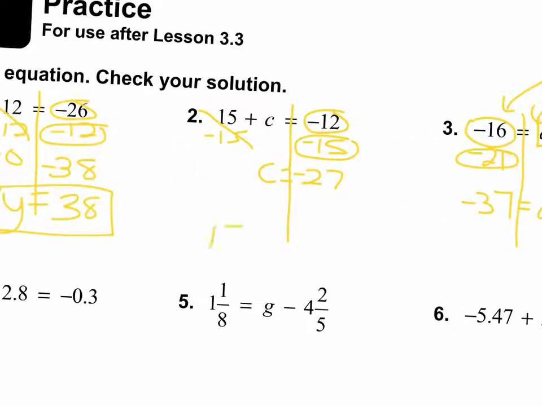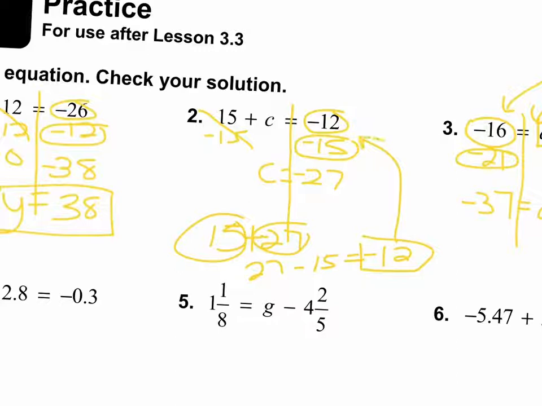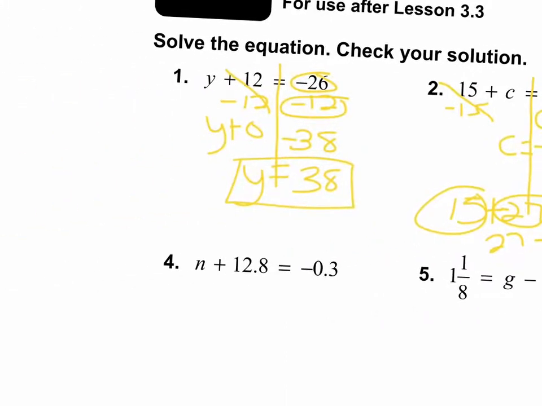So I have 15 plus a negative 27. Opposite signs, right? We subtract, so 27 minus 15, which gives you 12, and 27 is bigger and negative. That is what we are supposed to get, okay? Make sure you're checking your solutions. Checking solutions is very important. Now 38 plus 12, and this is a negative 38.